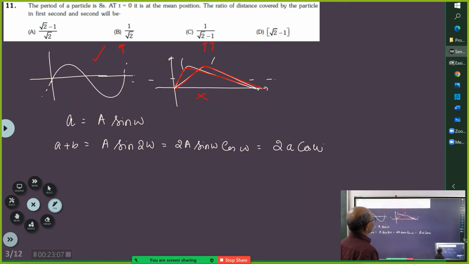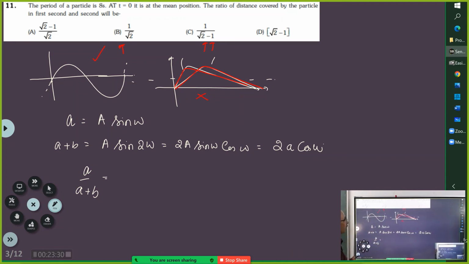Right. So they are asking you the ratio of the distances covered by the particle in the first and second second. So first and second they want as A divided by A plus B.